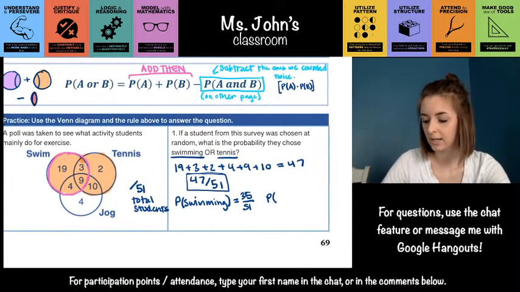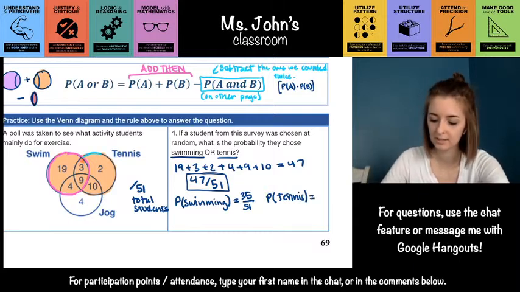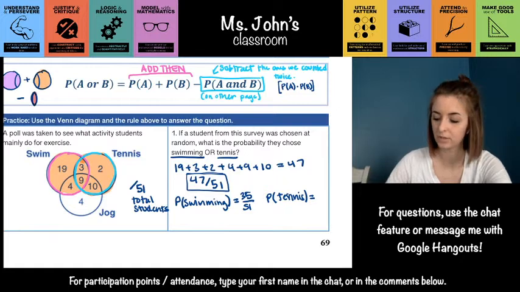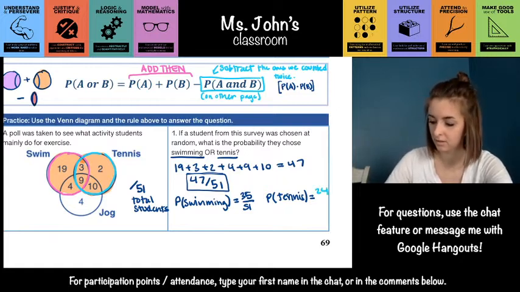And then the probability of tennis is all the people in this circle. It's not a square. So that is 10 plus 2 plus 9 plus 3, which is 24 out of 51.